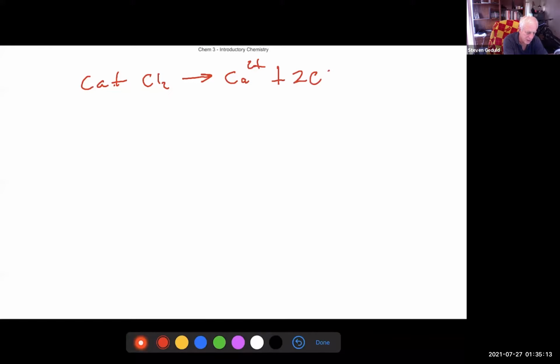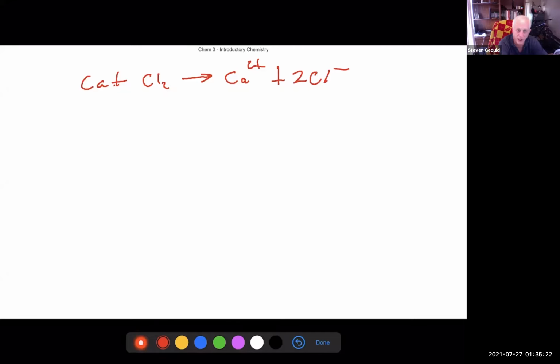Let's do it backwards now. I want to write the half reaction for calcium solid plus chlorine. It goes to calcium 2+ and 2 Cl minus. Okay, so there's our 2 reactants and there's our 1 reaction.